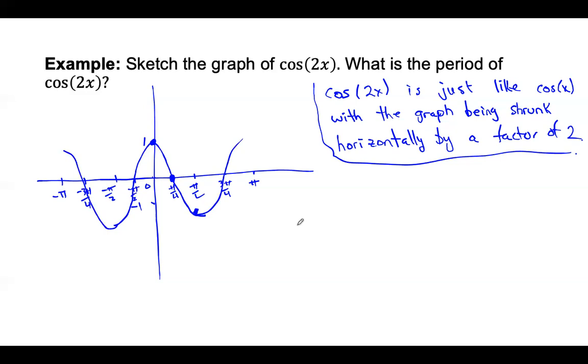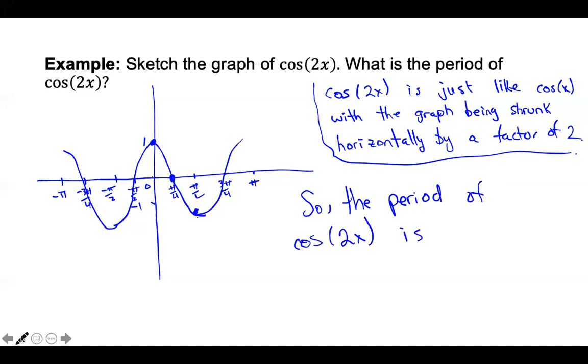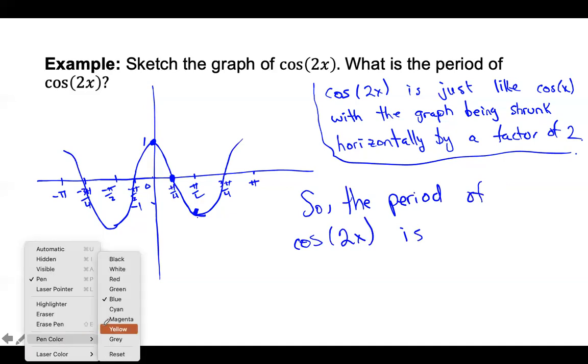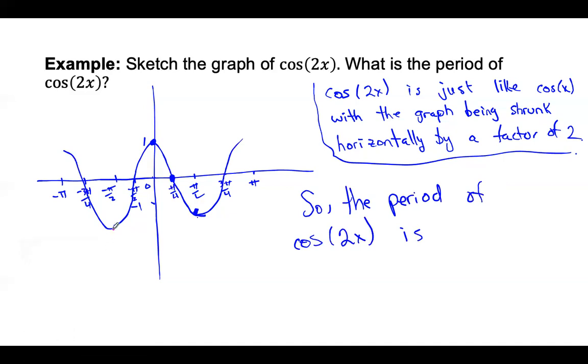So let me make some notes. The period of cos of 2x is, well, we can see from drawing this, you start, let's say here. The period is when there's one full cycle.